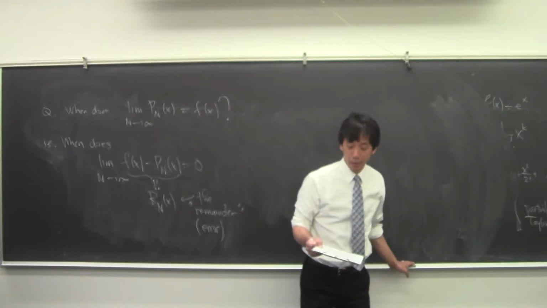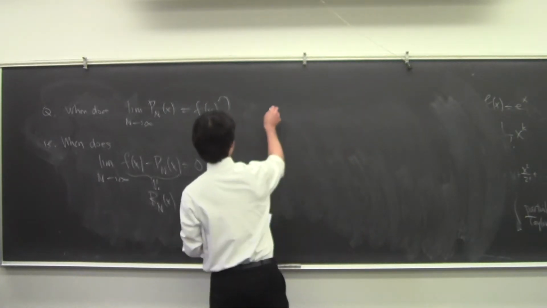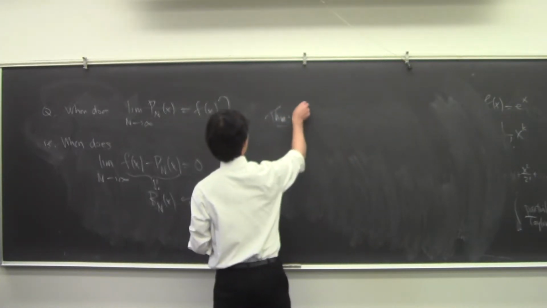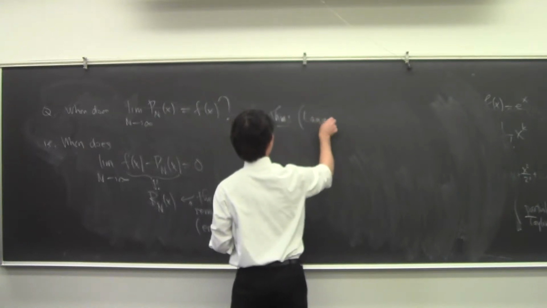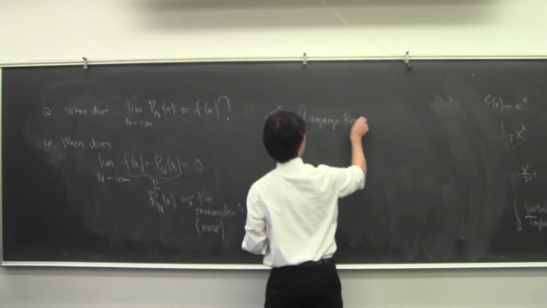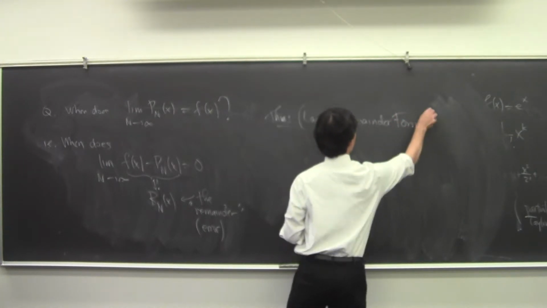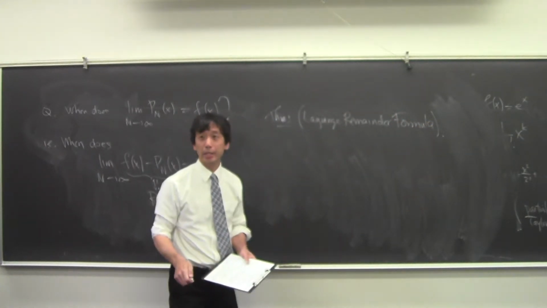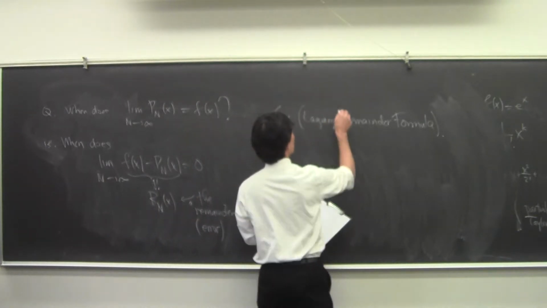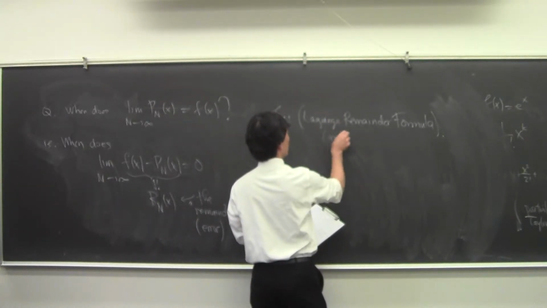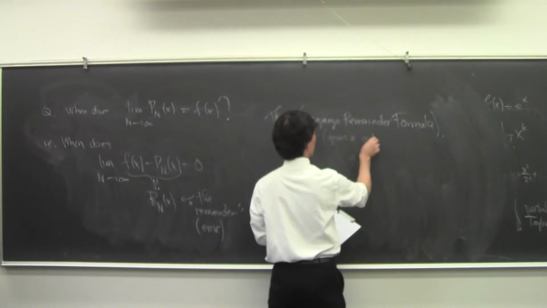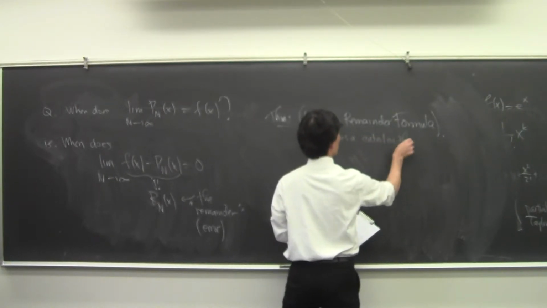So here's the theorem that gives us the answer. This is called the Lagrange Remainder Formula. It gives a control on the size of the error.